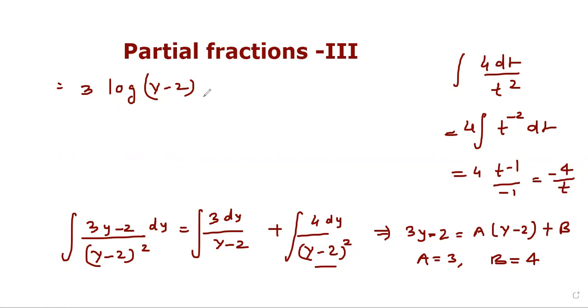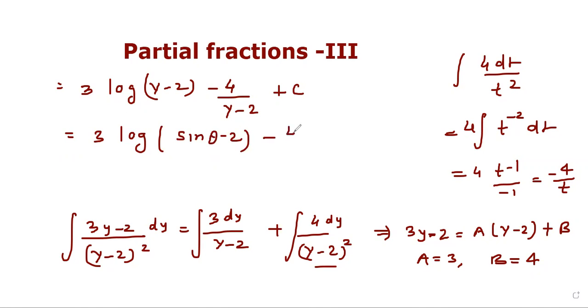So the second term will become minus 4 upon (y minus 2) plus c. Now we put the value of y. We assumed sin theta as y. So 3 log (sin theta minus 2) minus 4 upon (sin theta minus 2) plus c. So this is our answer.